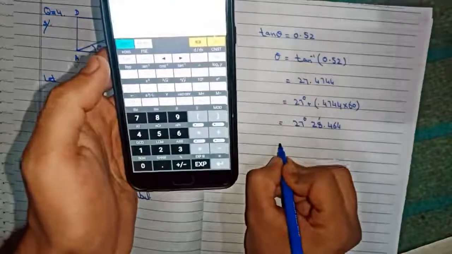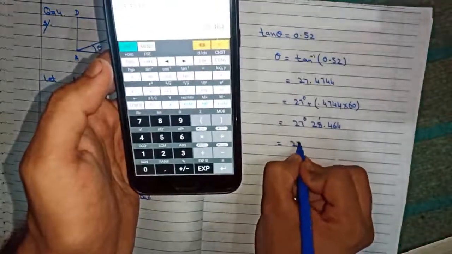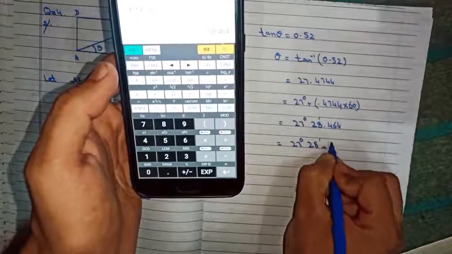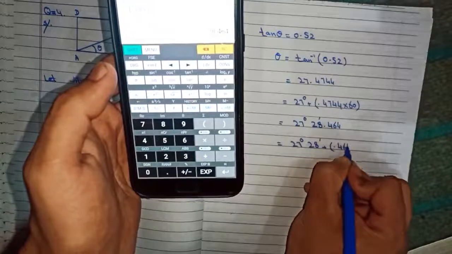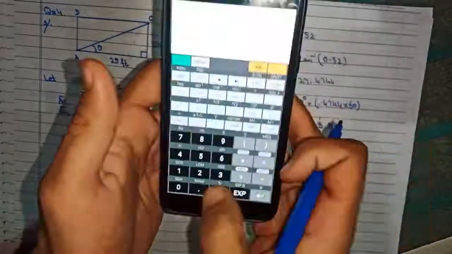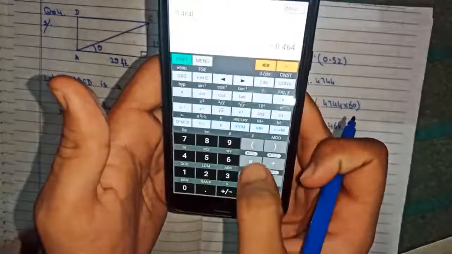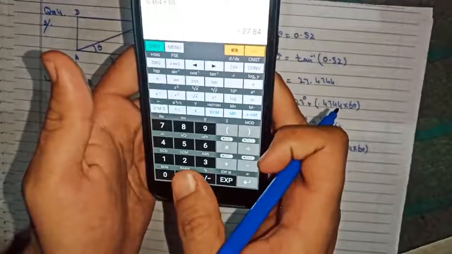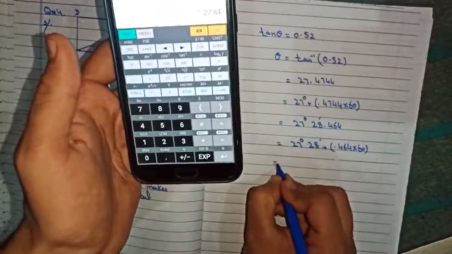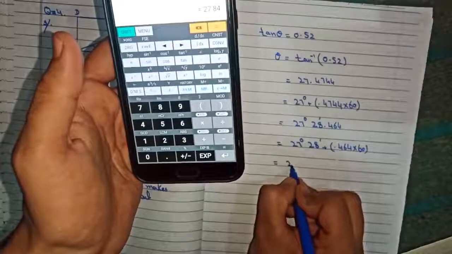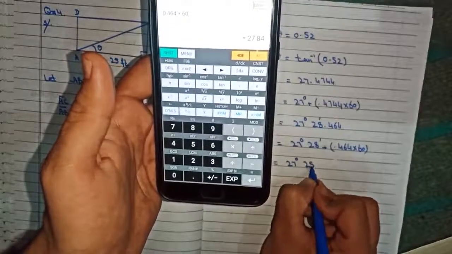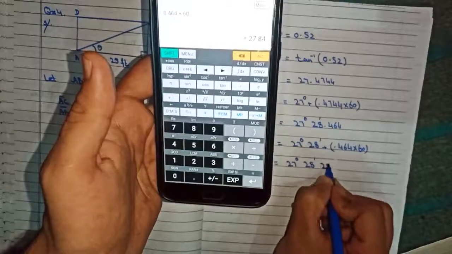Now to get the seconds, 27 degree 28 minutes plus 0.464, multiply it with 60 again, you will get the seconds. 0.464 into 60, it is 28 seconds after rounding off. So 27 degree 28 minute and 28 second.